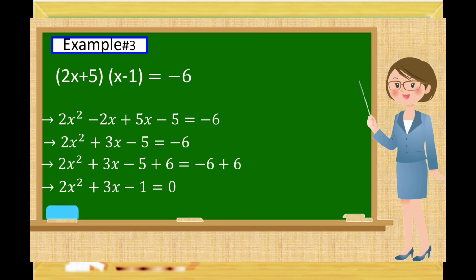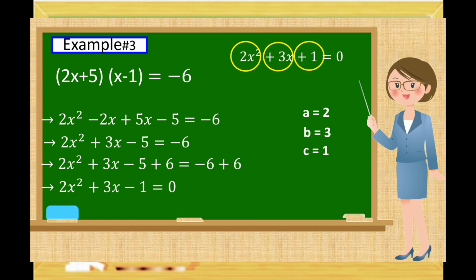The equation becomes 2x squared plus 3x plus 1 equals 0, which is the standard form. In this equation, the value of a is positive 2, the value of b is positive 3, and the value of c is positive 1.